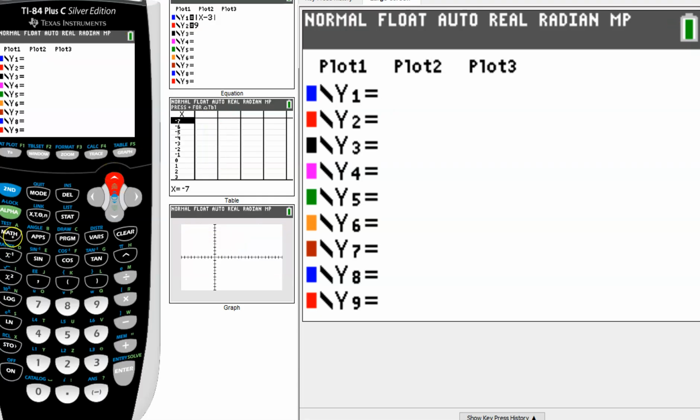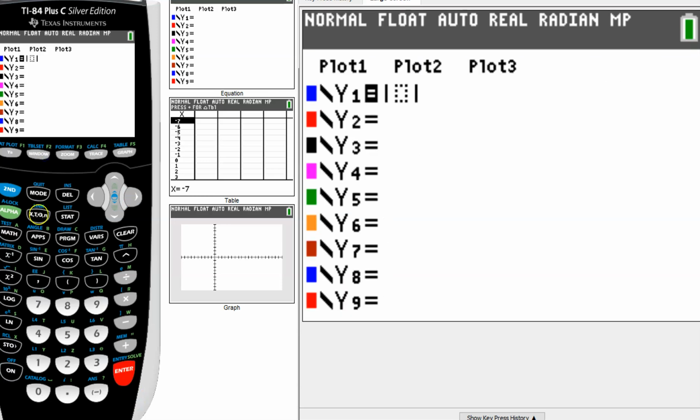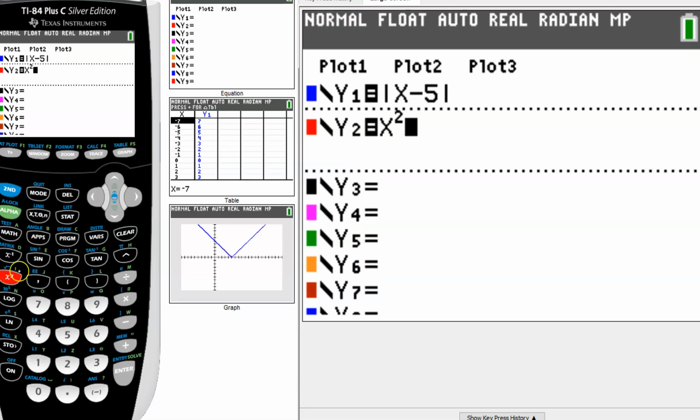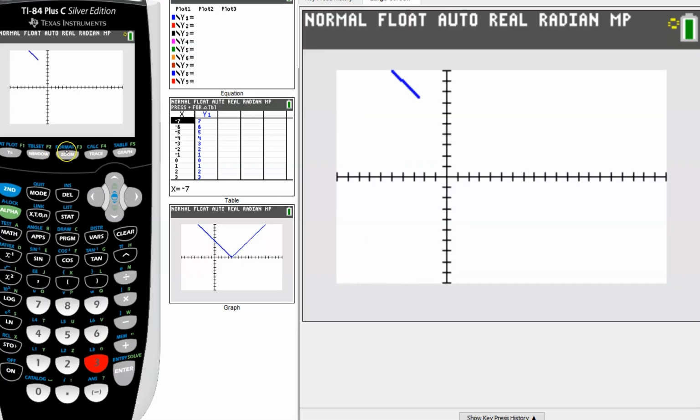And I'm going to have the absolute value, so math, move over to number, enter. And that's going to be x minus 5, enter. And then x squared minus 5x. And I'm just going to do my zoom 3.